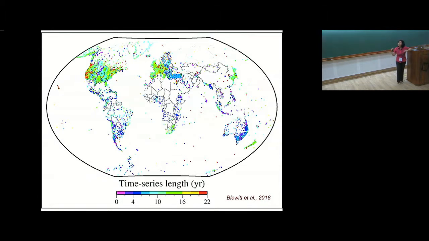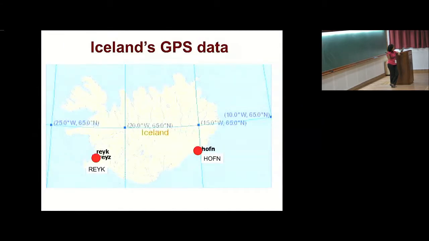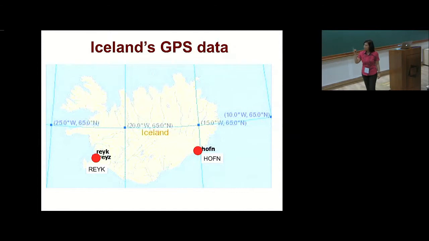So far I talked about this collisional boundary or the subduction zones, where you have the oceanic plates that get destroyed as they sink inside the Earth's interior. Now let us look at another part of the Earth, and this is Iceland, a beautiful place that sits very north in the Atlantic Ocean. And here I show you two GPS stations on two different parts of Iceland.